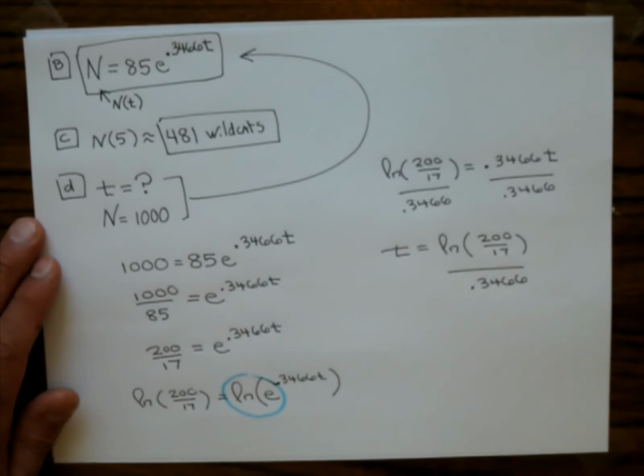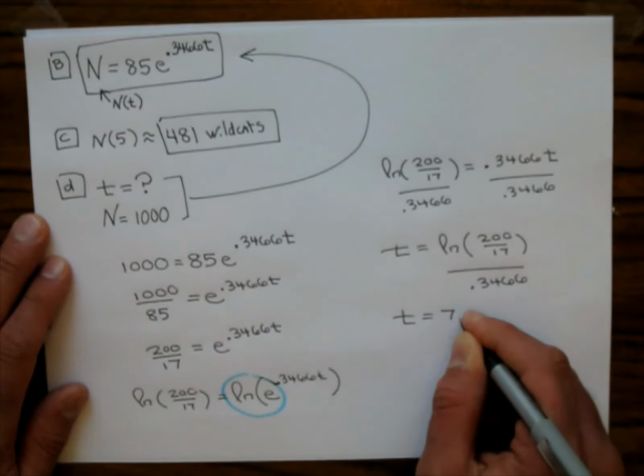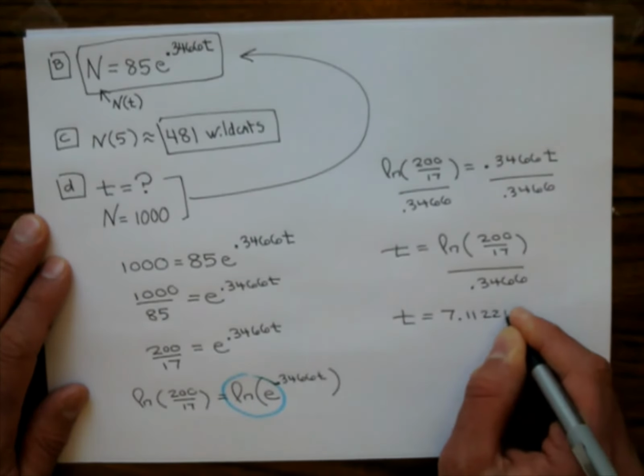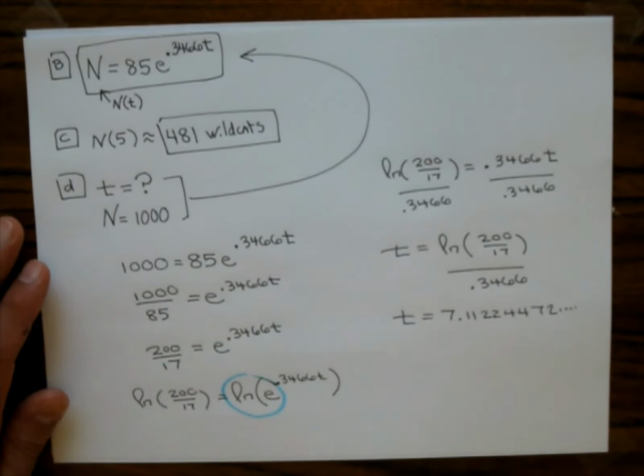Over 0.3466. So let's do this. ln 200 divided by 17 divided by 0.3466. Now I'm getting t equals 7.11224472, etc. Okay.